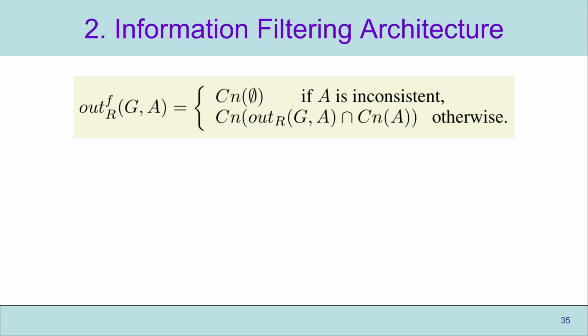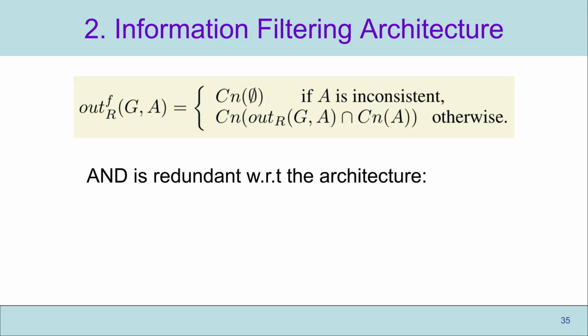But for the whole component, we do close it again on the consequence. So the beliefs will be classical belief sets closed on the consequence. It's just that this intermediate thing, this trust thing, is not closed on the consequence.